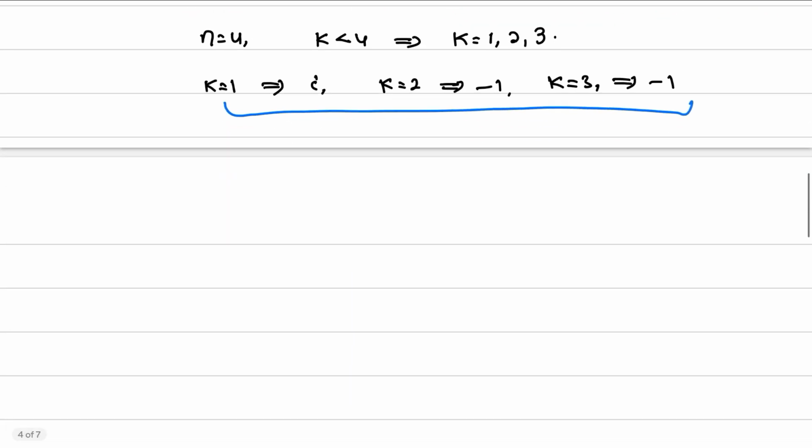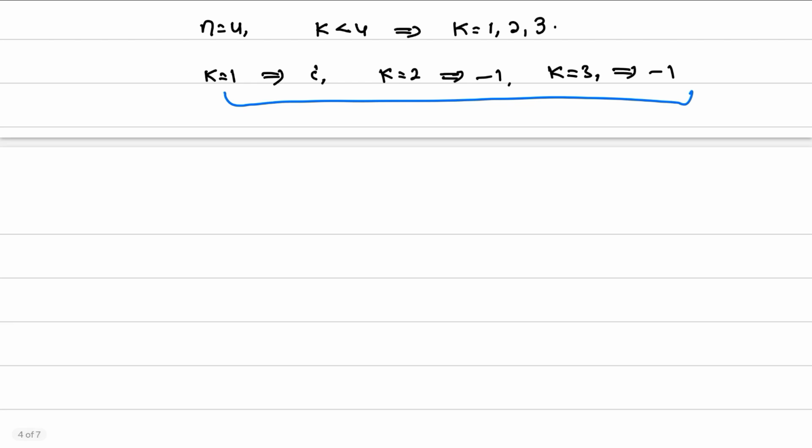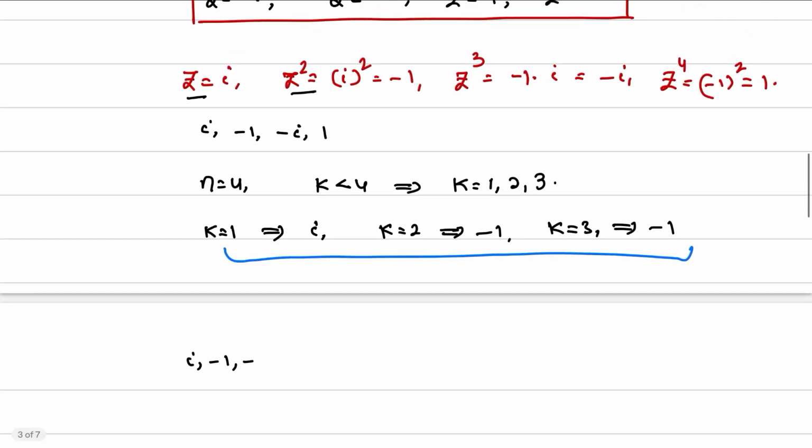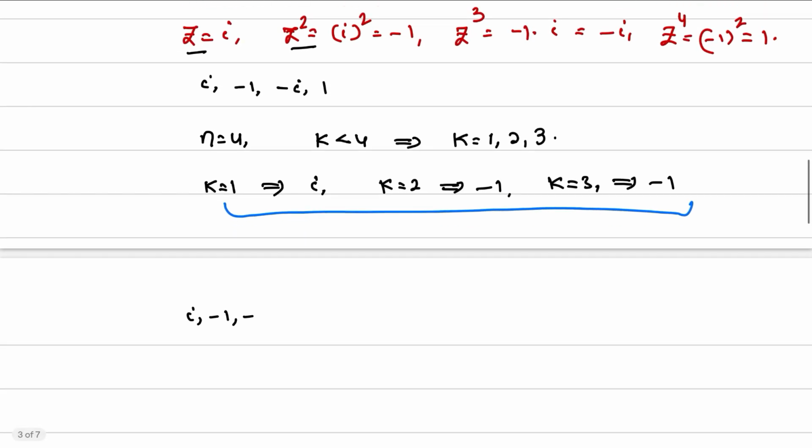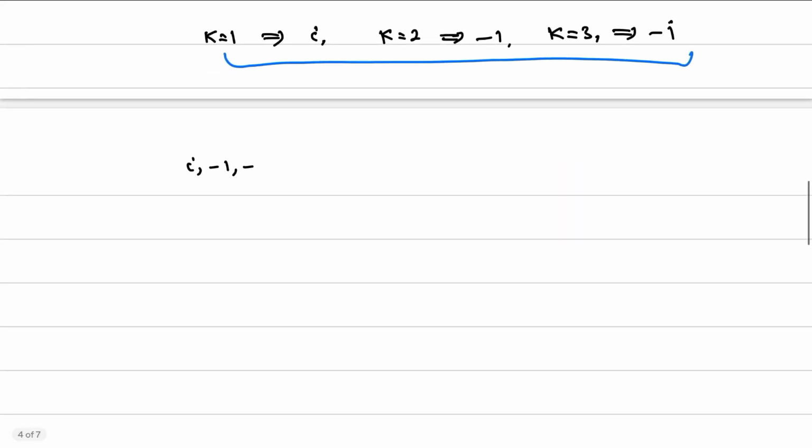values, please try to understand this logic. i, minus 1, minus i are not equal to 1. They are other than 1.